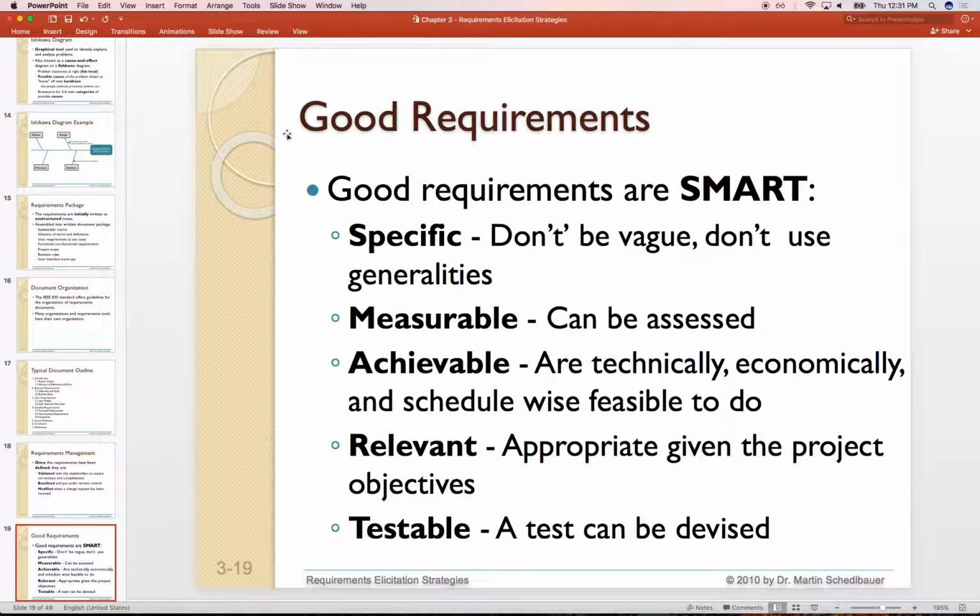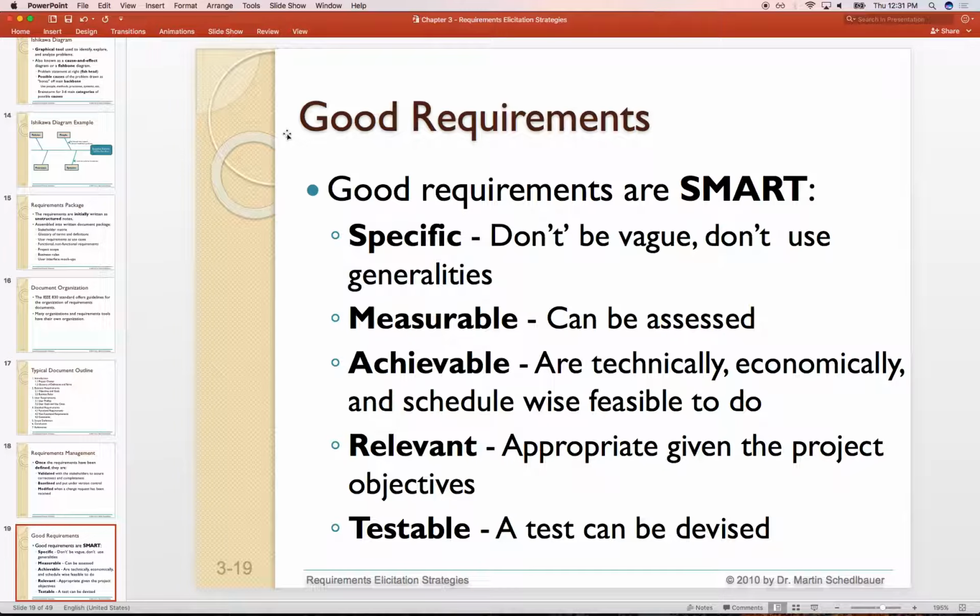So just some general guidelines, as folks are shouting their opinions about requirements, for measuring whether what they're saying is of any value. Is it specific enough? Can we even measure it?